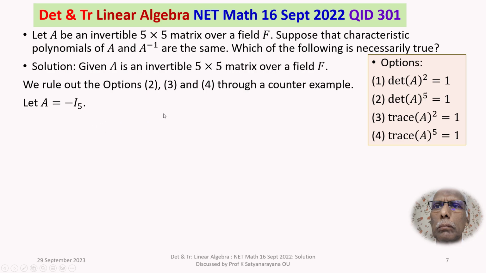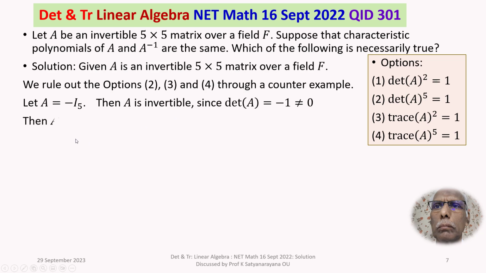Agreed. Now A is invertible. Why? Because determinant of A is determinant of minus I5. Determinant of minus I5 is minus 1 multiplied 5 times, which is minus 1, not equal to 0, and thereby A will be non-singular, therefore it is invertible.